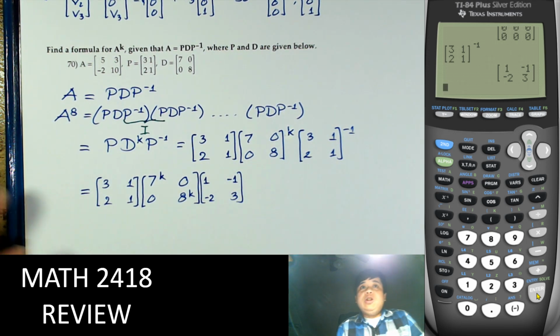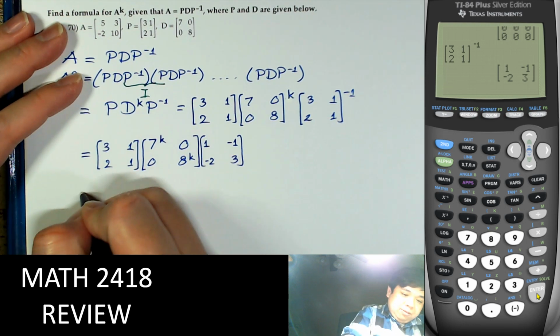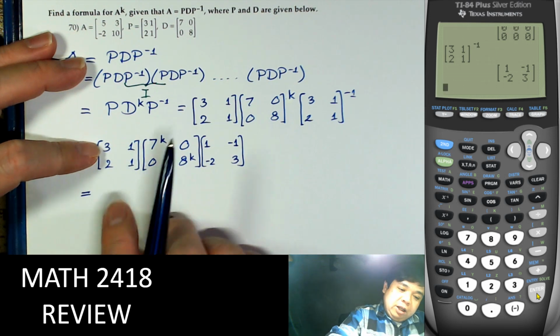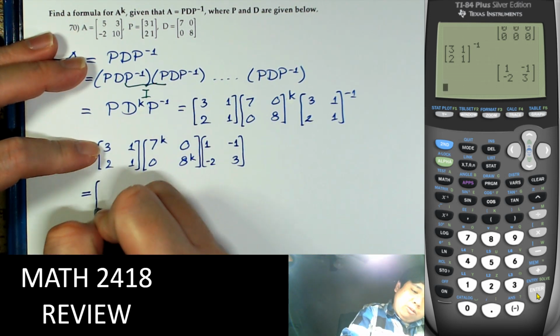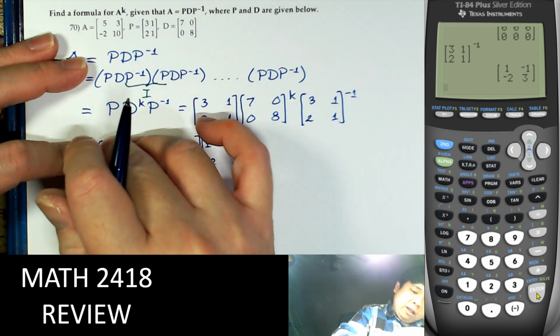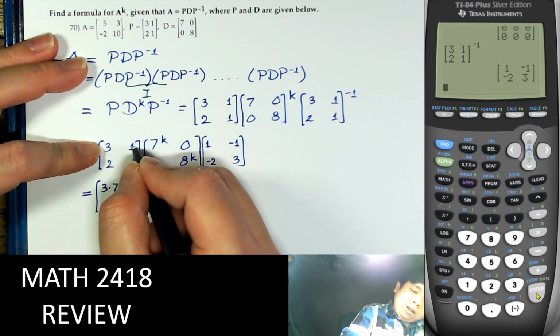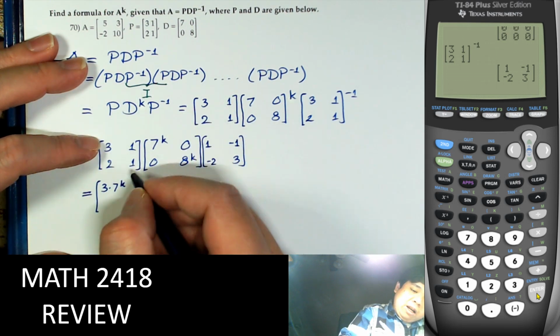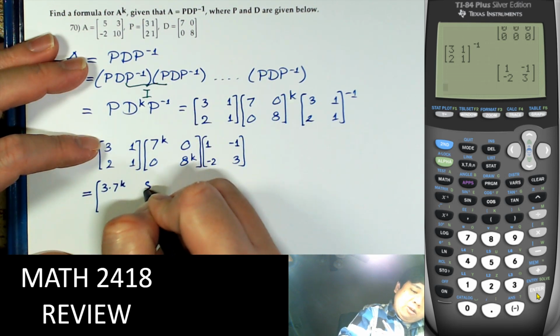Right, now just multiply this out. 3 row times column, so 3 times 7 to the k plus 1 times 0, so that's 0 and 8 to the k.